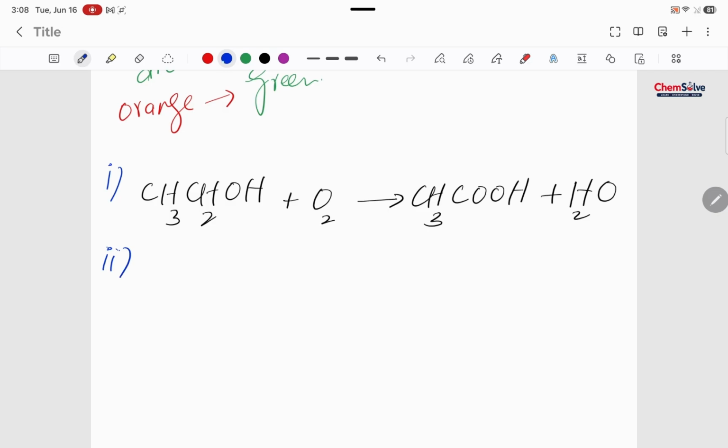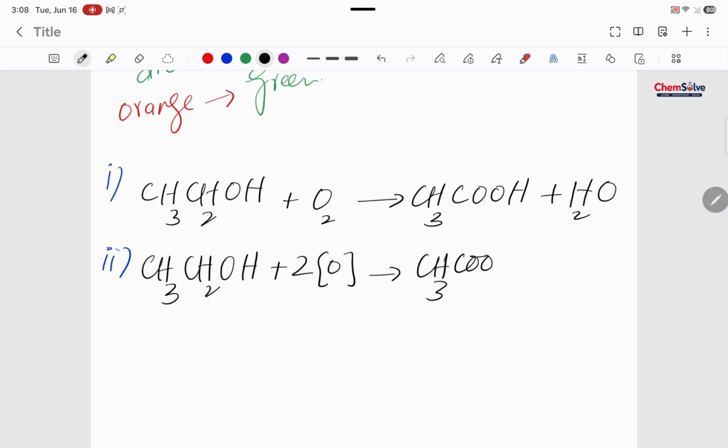The oxidizing agent method will also work the same way. I will take alcohol, and for the oxidizing agent we write oxygen like this. It will produce exactly the same thing. This is called ethanoic acid. So ethanol is converted into ethanoic acid.